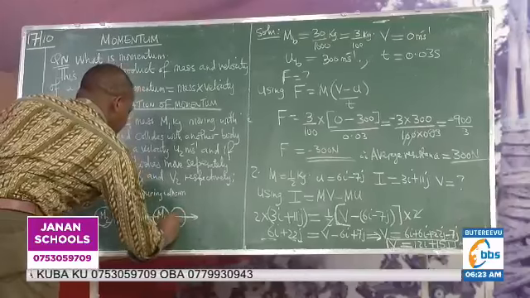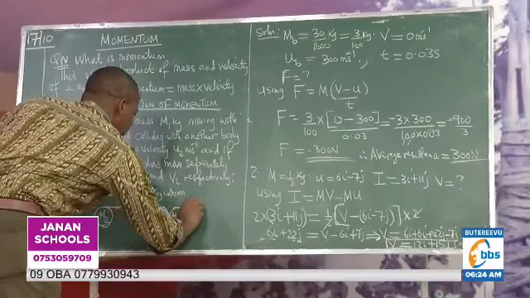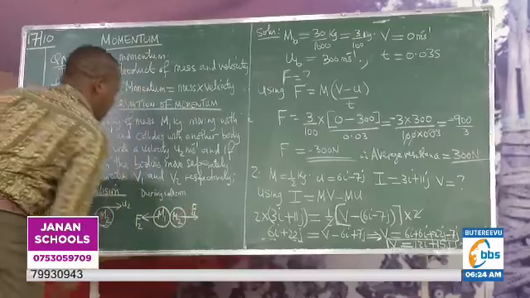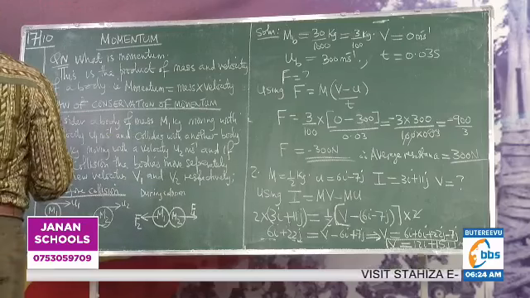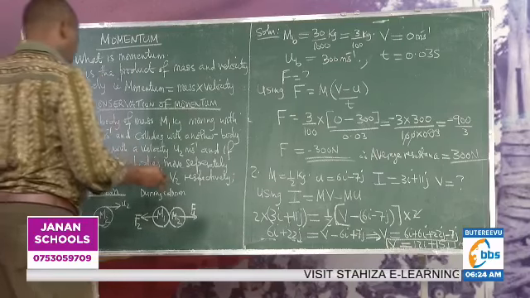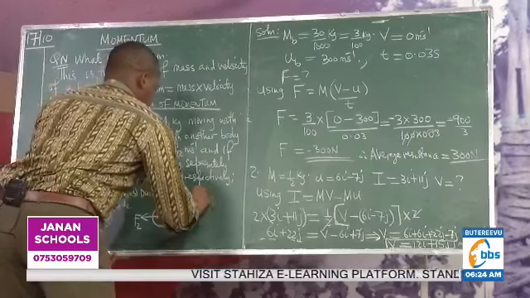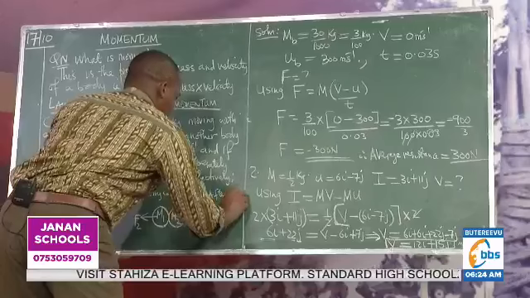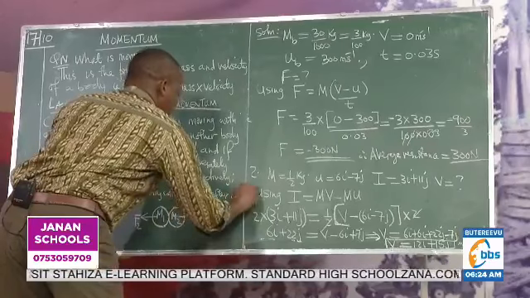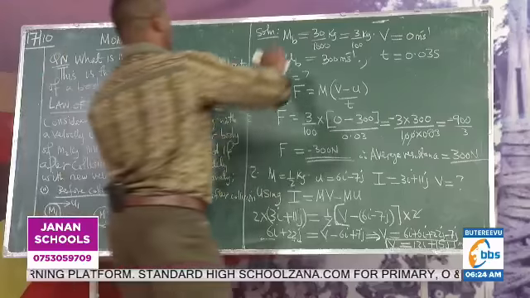And similarly, M2 will receive an impulse associated with a force due to M1. And after collision, we have said these bodies are going to move separately.